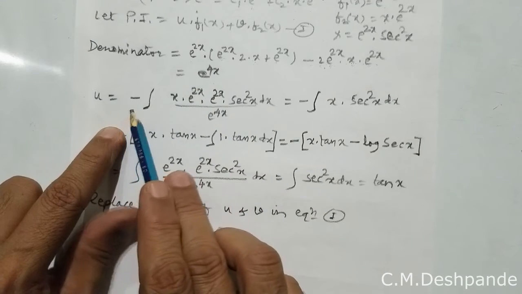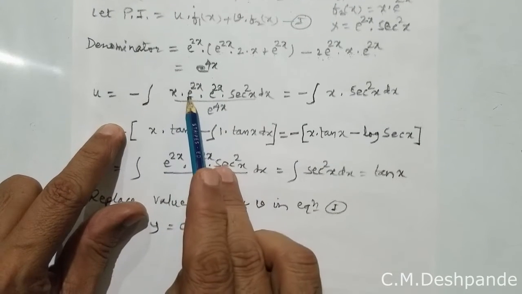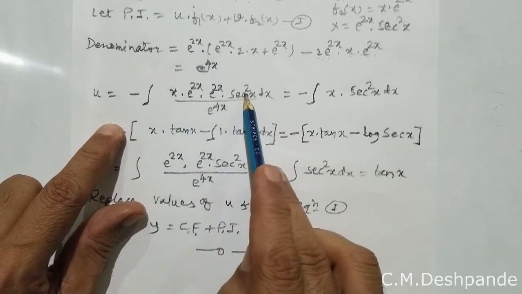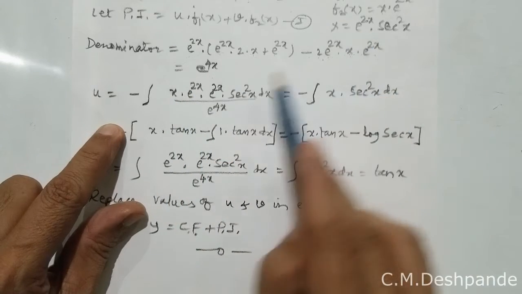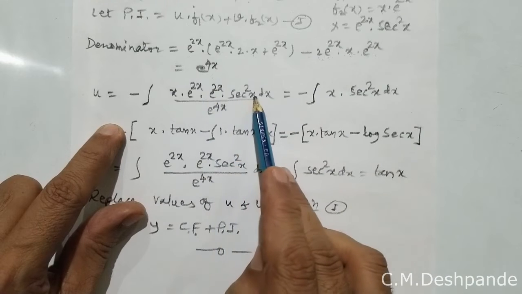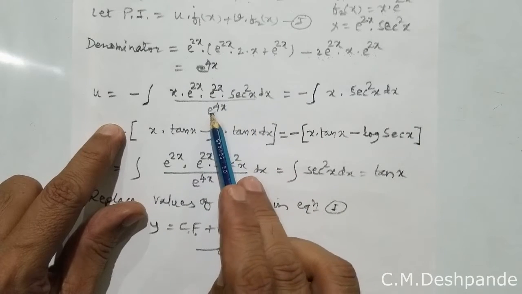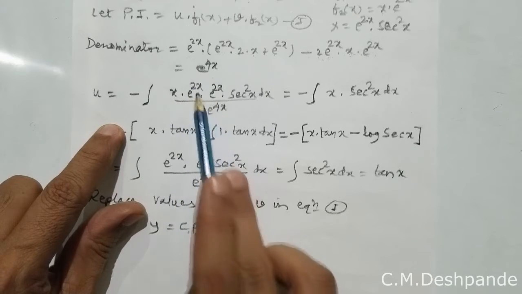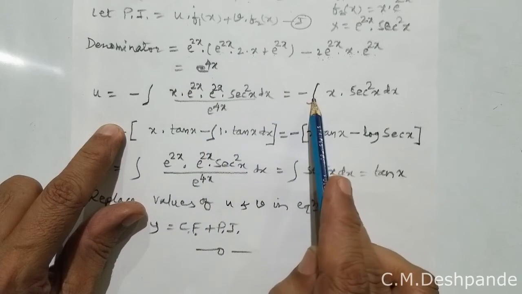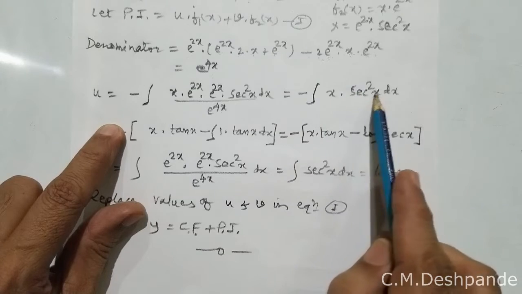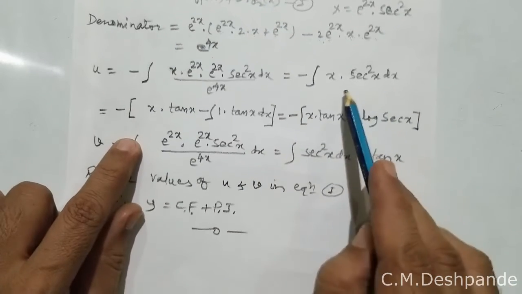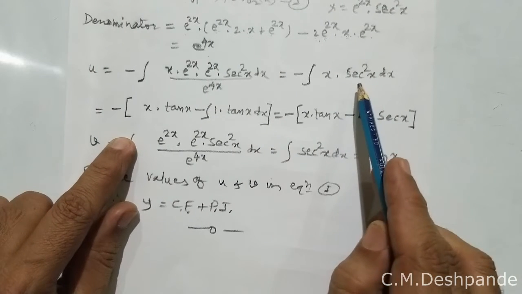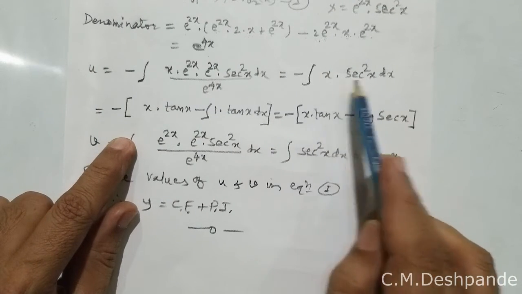Then u is given by minus integration of f2 of x, that is x into e raised to 2x, into capital X, the right side function, e raised to 2x into sec square x, upon the denominator e raised to 4x. Now this e raised to 2x upon e raised to 4x will get cancelled. So minus times integration of x into sec square of x dx, and x into sec square of x dx is integrated by using integration by parts.